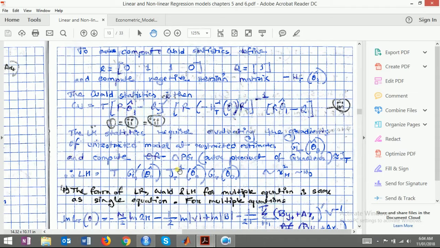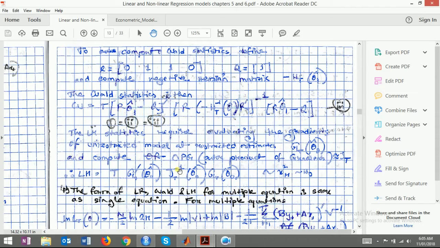The LM statistic requires evaluating the gradients of the unrestricted model at the restricted estimates, and computing the outer product of the gradients. So it is the gradient at theta naught of the unrestricted parameter, times the inverse of the OPG or Jacobian at theta naught, and again the gradient of the unrestricted parameter.